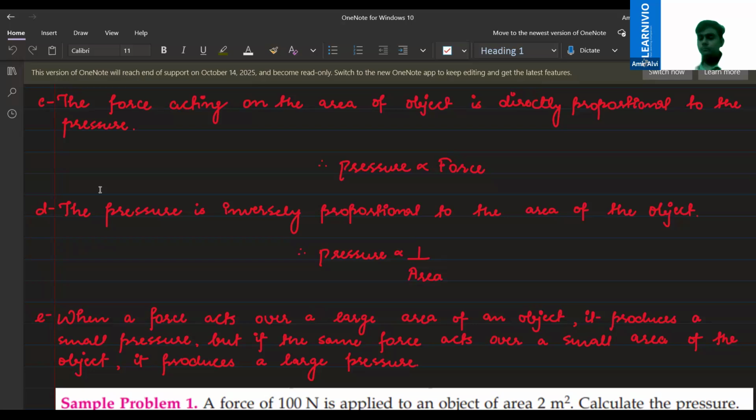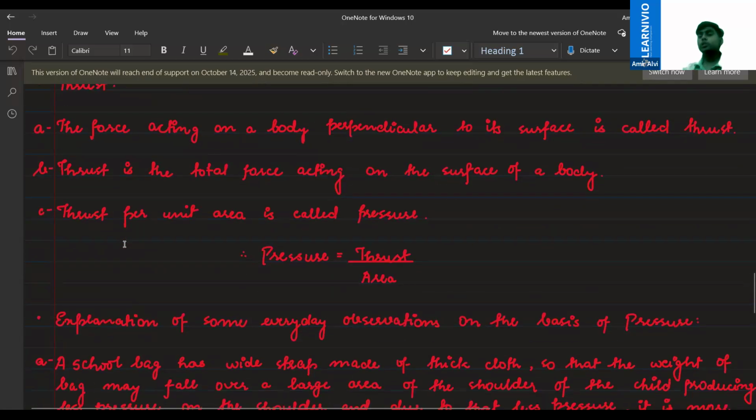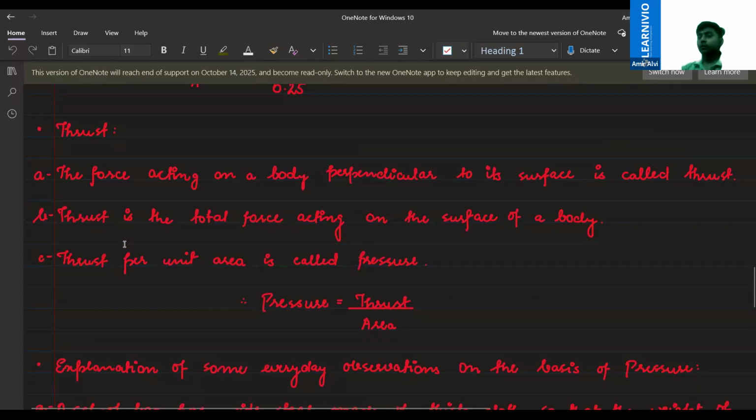Thrust is nothing but the force which is perpendicular, so in terms of pressure we also write force as thrust, because it is a perpendicular force.